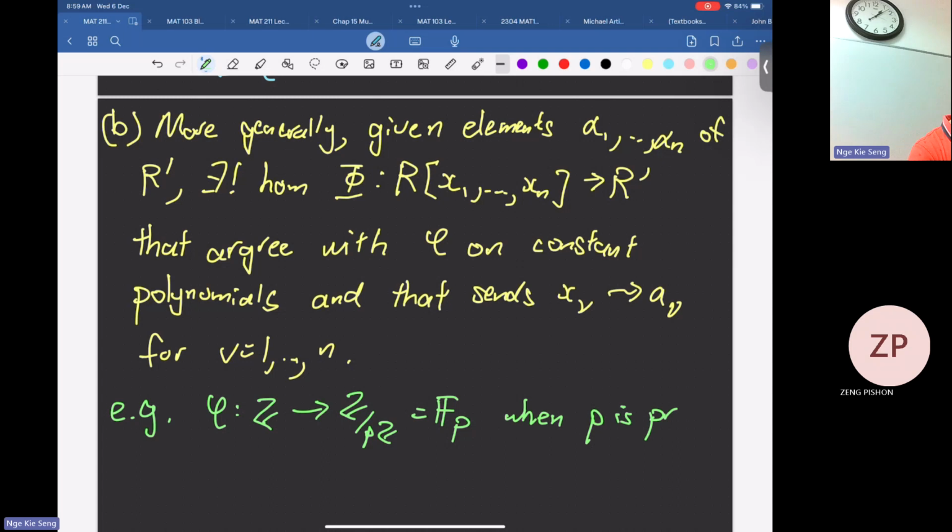Does anyone try to show F_P is a field yet? Anyone try? Has anyone tried to show why F_P is a field? Huh? What is a field?